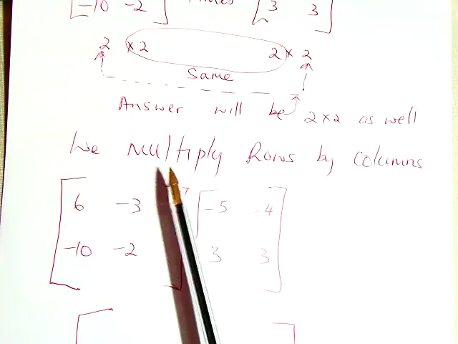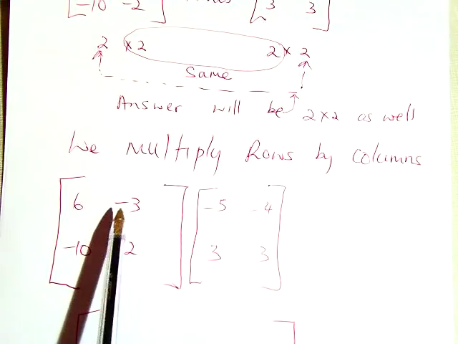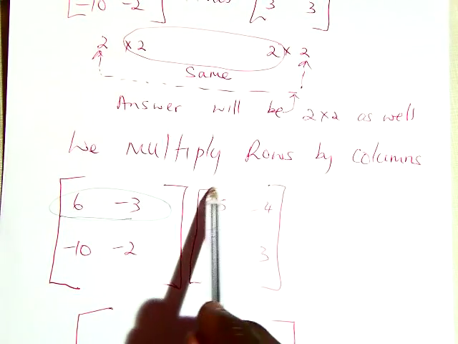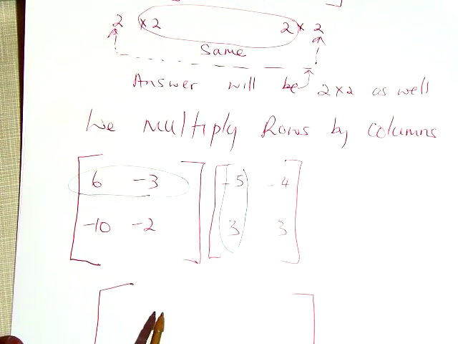When we multiply matrices, we simply multiply the rows by the columns. So for example, I'm going to take this row and multiply it by this column, right? And the answer is going to go right here in the top left, okay?